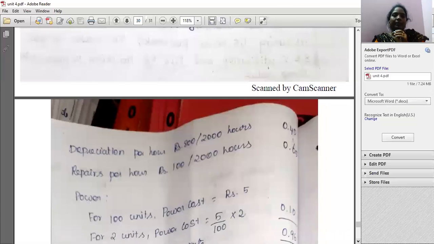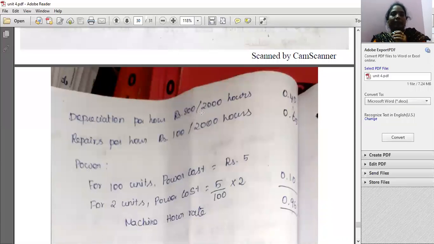It has to be converted to per hour. The depreciation per hour formula is 800 divided by total hours 2000, 0.40. Repairs are also the same, we divide 100 by 2000 hours, 0.05.